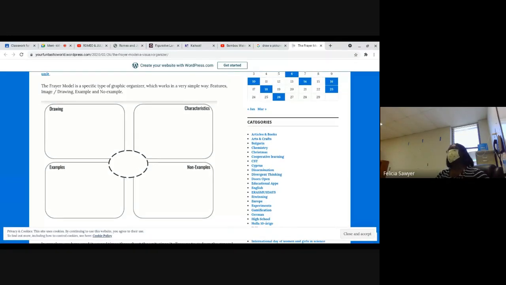So this is one of the examples of the Frayer word model. You're going to choose one of the words in Act 1, Act 2, Act 3 that you're not very familiar with. You're going to write the word in the middle, draw a picture, write the definition of the word, tell me the synonyms and antonyms, and then even perhaps give a sentence. So that's what you're going to do now.